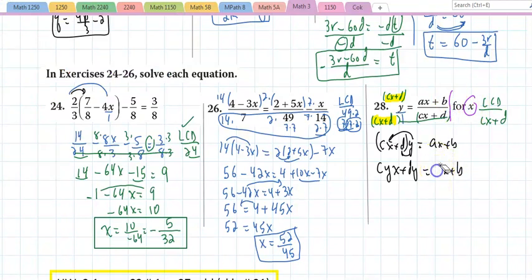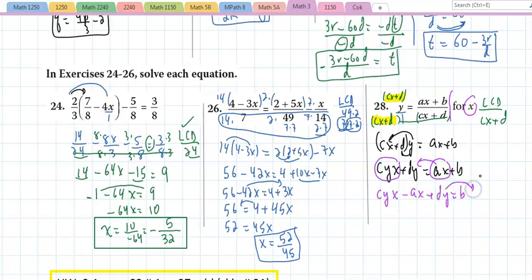My a looked like a 9. So, I see an x right there, and I see an x right there. I'm going to move this x to the left. I have cyx minus ax plus dy equals b.